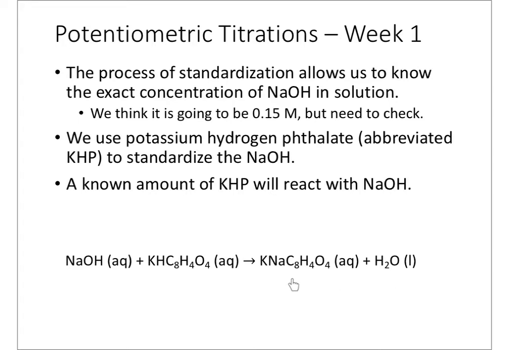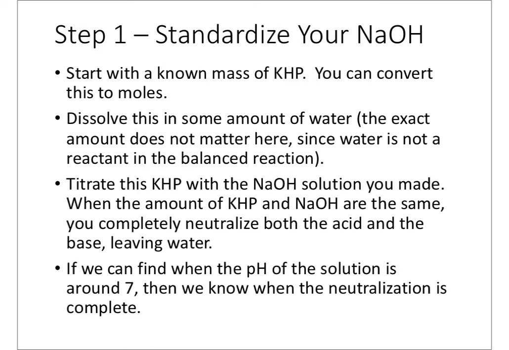We have a highly soluble salt here, and this soluble salt also will not affect the pH. So what we know about this reaction is that when the number of moles of our acid and base have reacted in exactly the same amount, we should have a neutral solution, a pH of 7.